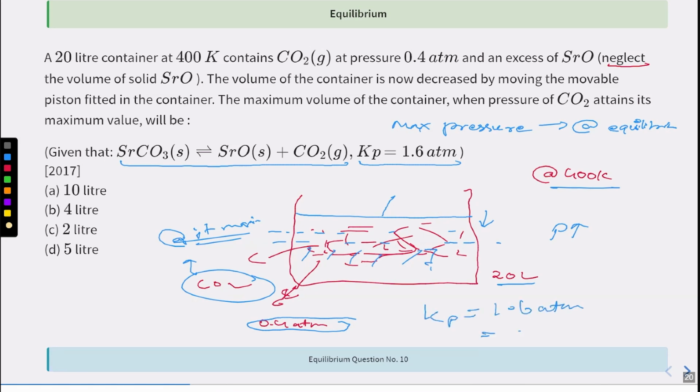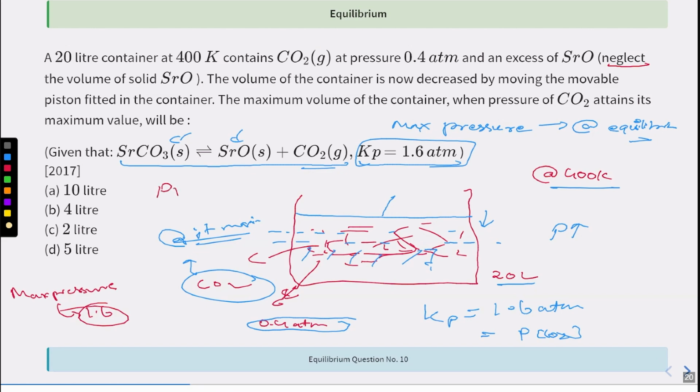Kp will be the pressure of CO2 only, because this and this are solids, and because they are solids, we have only one gas. So the maximum pressure is at equilibrium, and that maximum pressure is 1.6 atm. So now we have the max pressure value, and that is considered to be 1.6 atm.